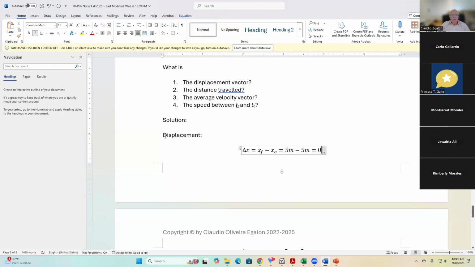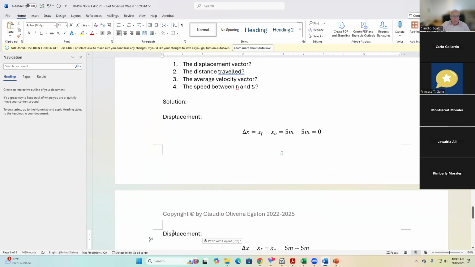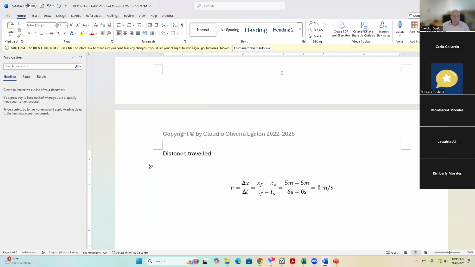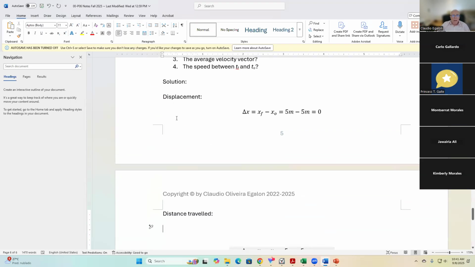And now distance traveled is going to be different, right? Total distance traveled is going to be D1 plus D2.